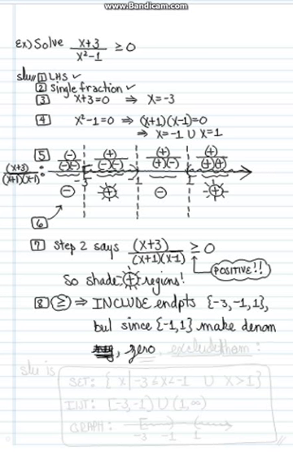So we're going to have to exclude those two numbers, because if you plug them into the denominator, each gives you a 0 denominator. So that means that our solution, if you look back up to the graph, has a boxy bracket on -3, but round brackets on -1 and 1.